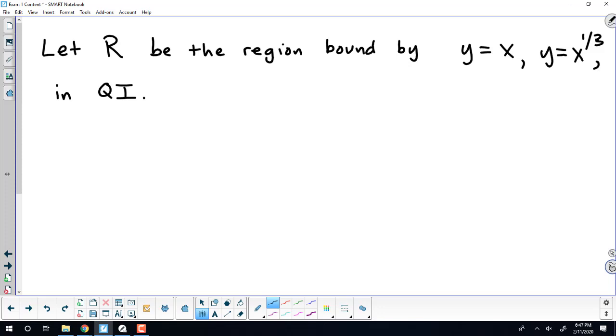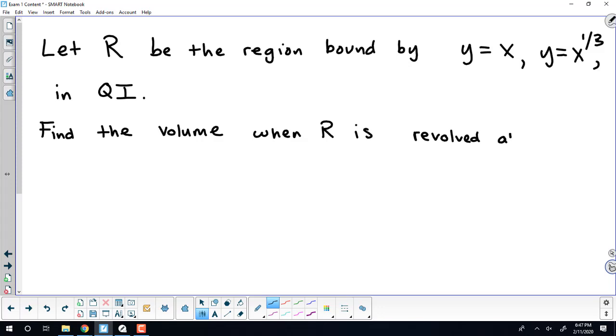And we want to find the volume when R is revolved around the x-axis.